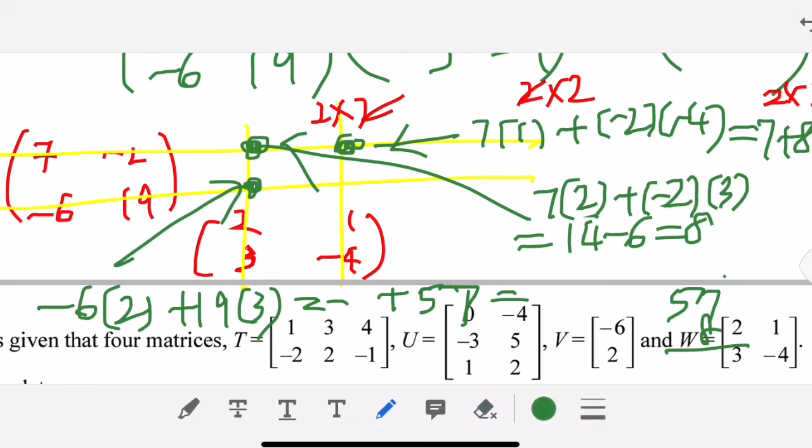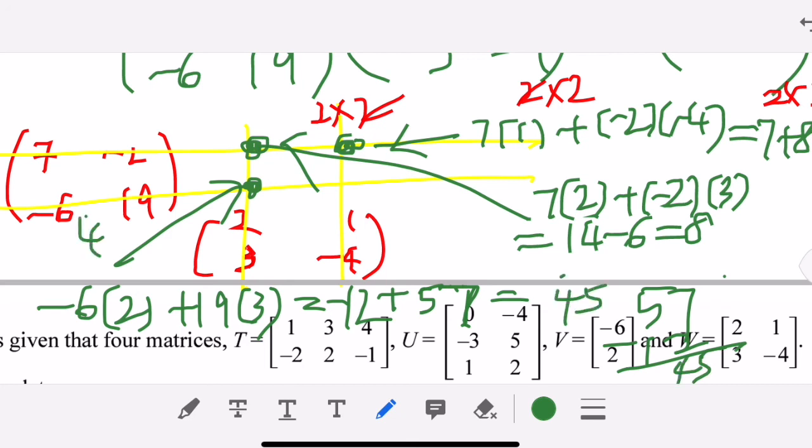It is -12, right? -12 plus 57. So it's 57 minus 12. So I will have 45. Okay, be careful, this is 45.